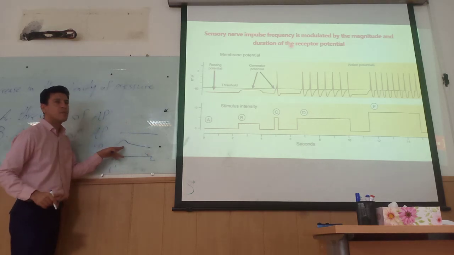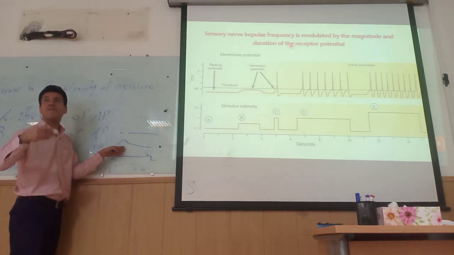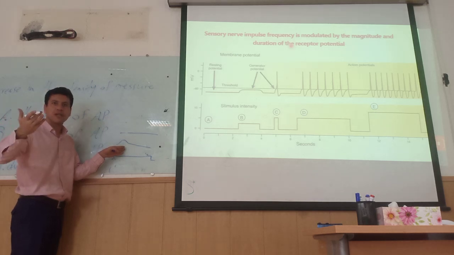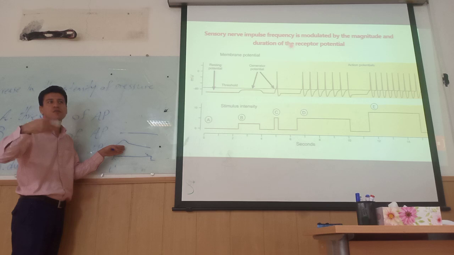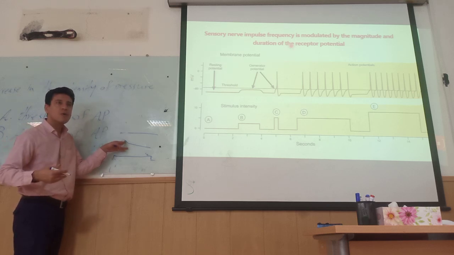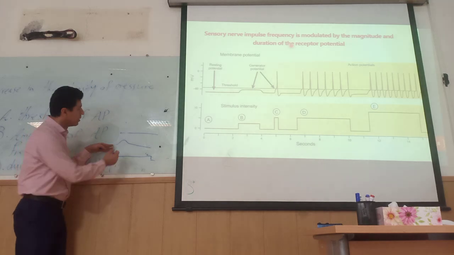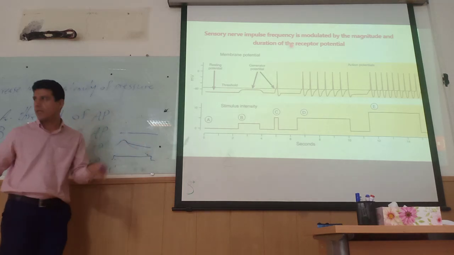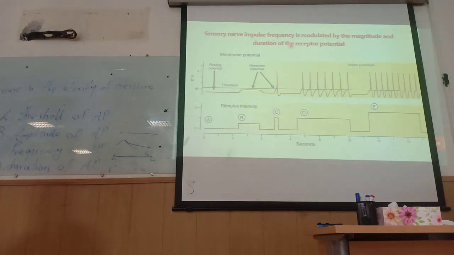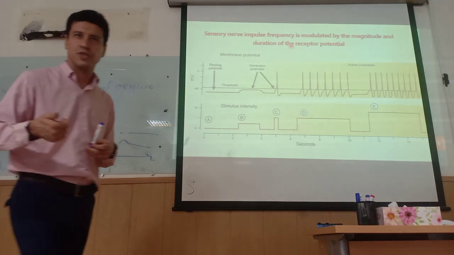Because the receptor potential is made by opening of channels, right? When sodium channels are opened but fail to generate an action potential, after that potassium channels are opened. So potassium goes out of the cell and opposes generation of more receptor potential. So the receptor potential goes high, then it comes back again, because potassium channels oppose sodium channels, right? You have this in cell physiology. Remember that?